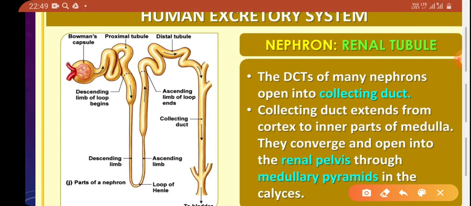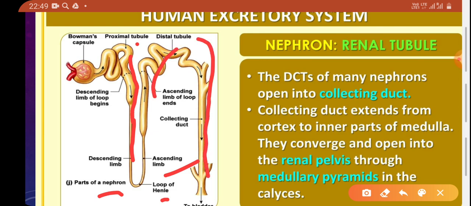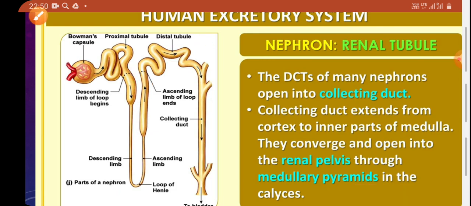This is Bowman's capsule, the proximal tubule passing through, that descending limb. This is part of the nephron, loop of Henle. This is again the ascending limb. This passes through again, there is a connecting duct, and passes through the ureter.